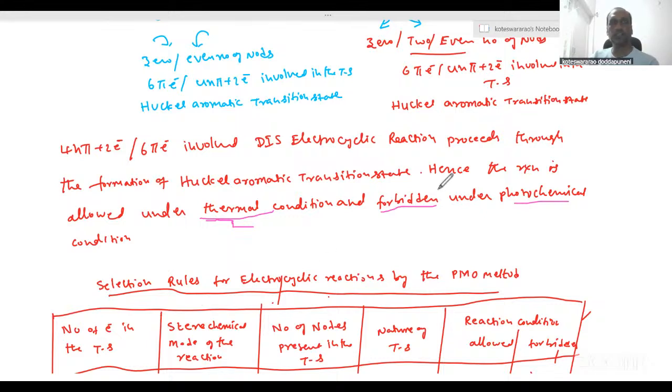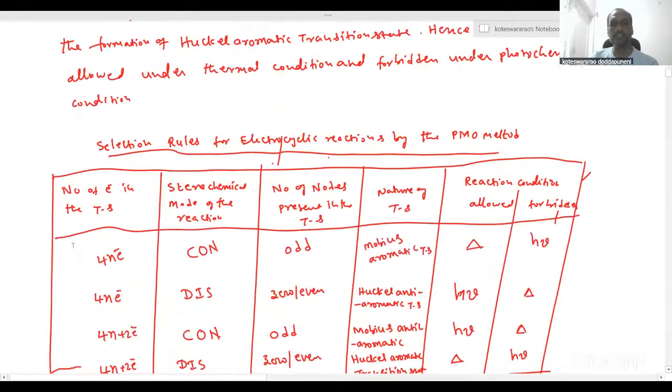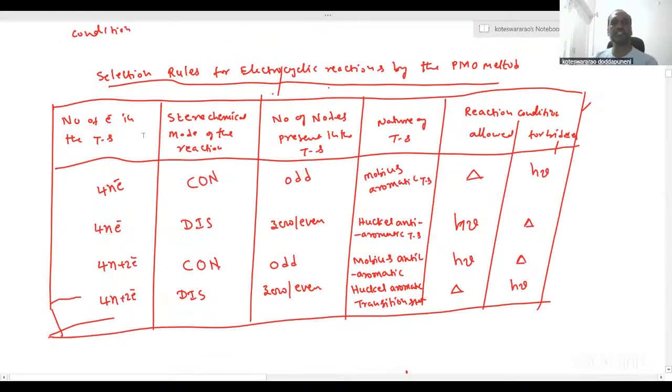Now, based on yesterday's work and this example, all the results are summed up into a table. This table is called the selection rules for electrocyclic reactions by the PMO method. How is this table constructed? By the number of electrons in the transition state, whatever the type of electrocyclic reaction.